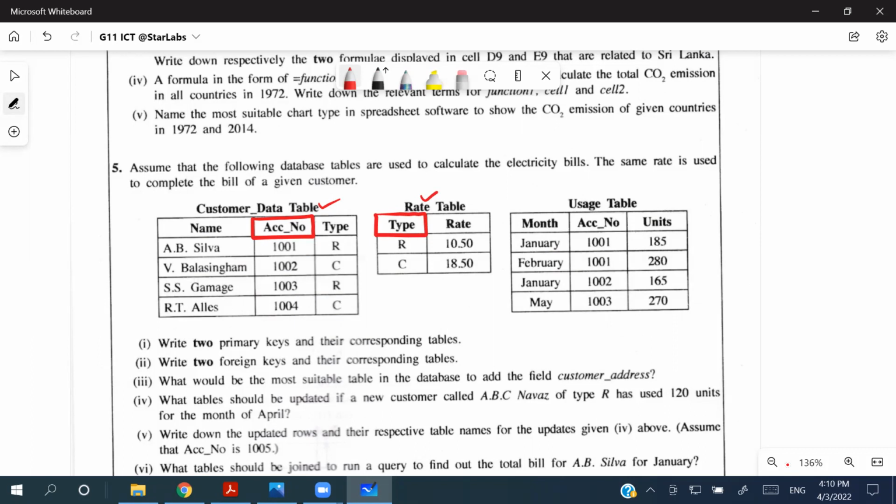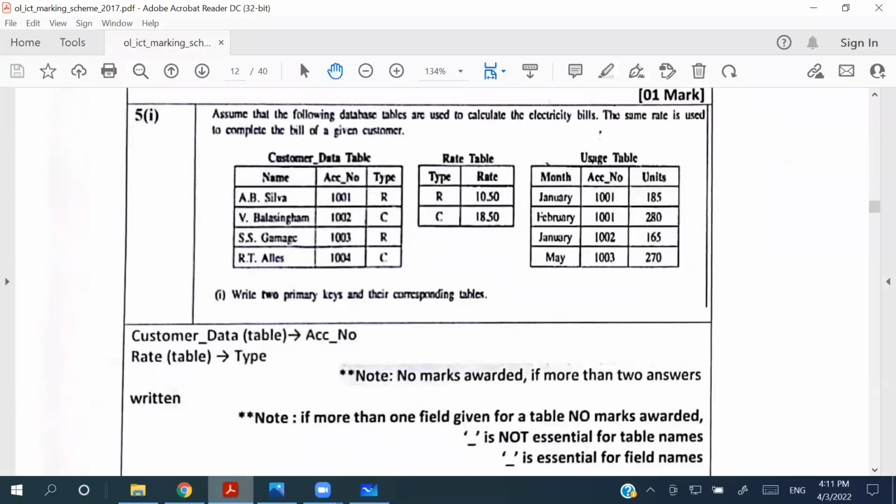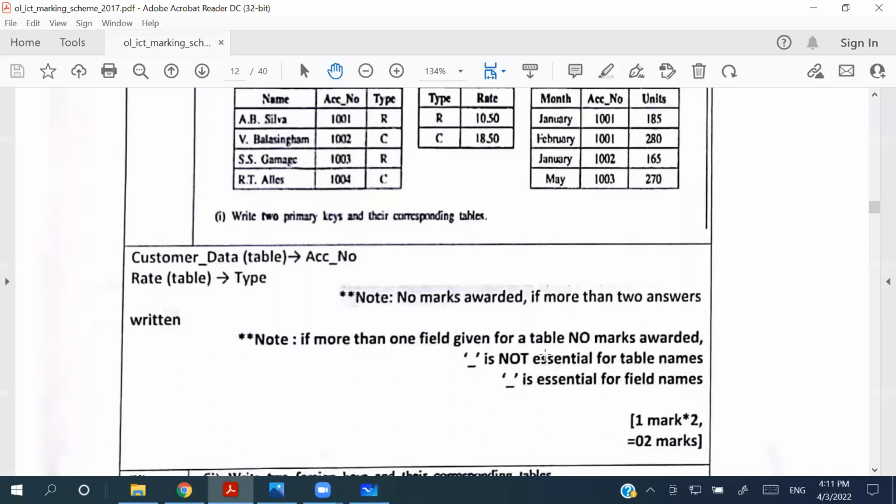And when it comes to the usage table, we can't take the account number alone, and we can't take the months alone, but it is possible to have month and account number together for the usage table. So the marking scheme is showing the customer data table and the rate table, account number and type. So 2 marks are given.